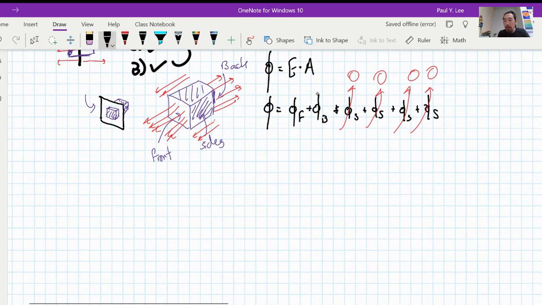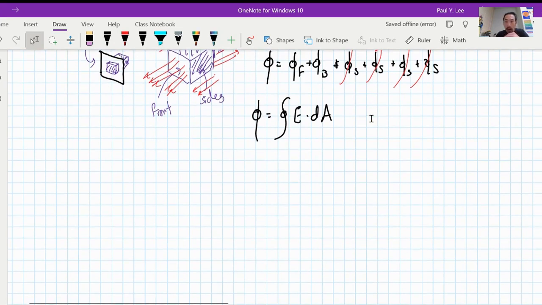If we were to rewrite our formula, we would say the flux is equal to the surface integral of E dot dA. And as a reminder, that dA is the shape that is a Gaussian surface shape. And we can say that this is equal to 2 of the fluxes. Okay, and the 2 of the fluxes is the flux of the front and the flux of the back.